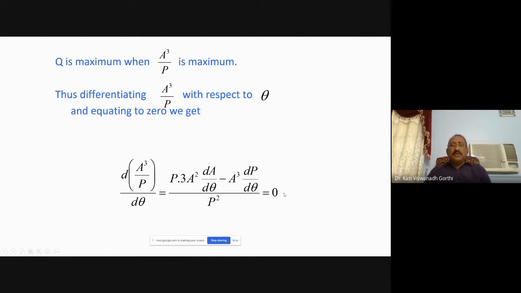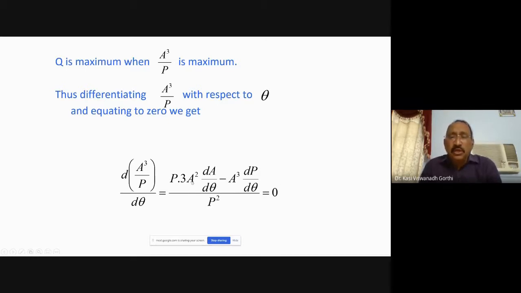We need to simplify this equation by substituting the appropriate values of A and P. Take this P square, which is in the denominator, to the right hand side. It becomes 0 into P square. So you have P into 3A square dA by d theta minus A cube into dP by d theta must be equal to 0.